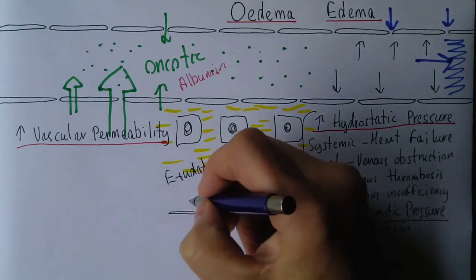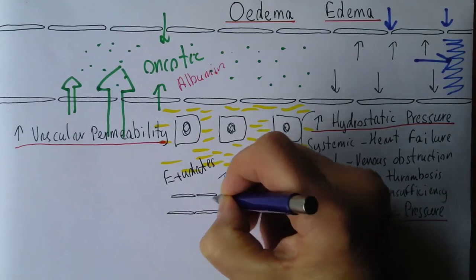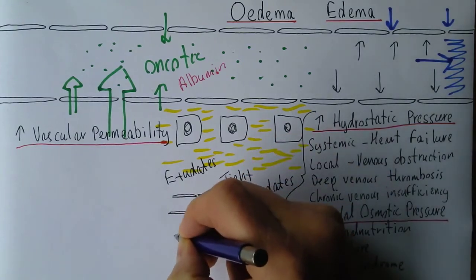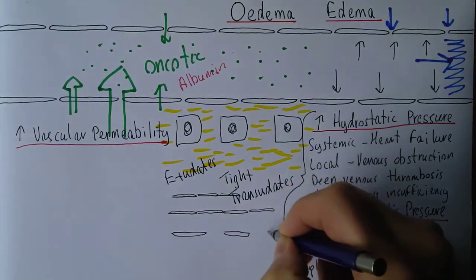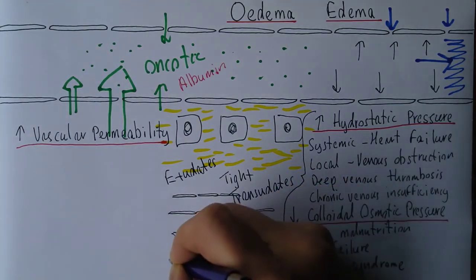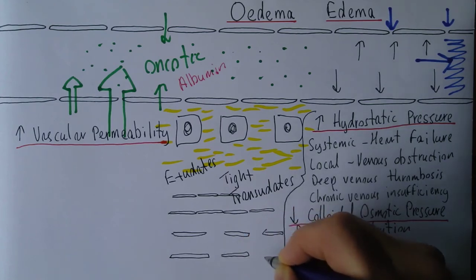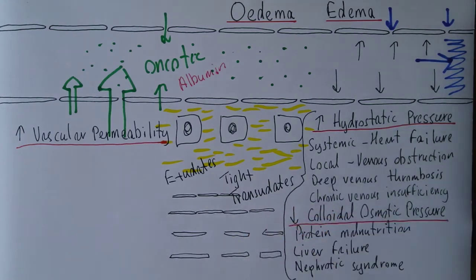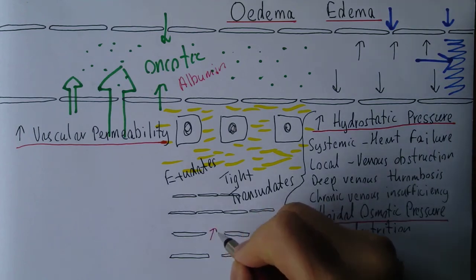So instead of having tight junctions like this, if there's increased vascular permeability, these are going to widen out. There's going to be bigger gaps between the individual endothelial cells. And I think you can see through these bigger gaps now, there's plenty of space for bigger material to get out.